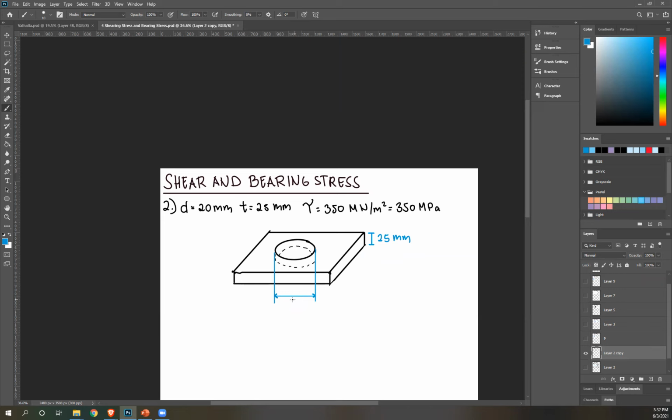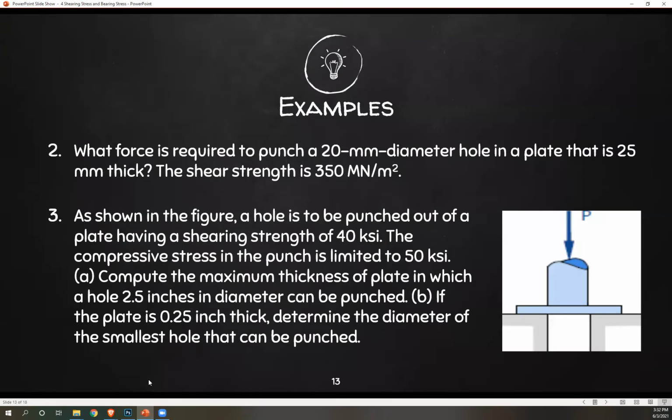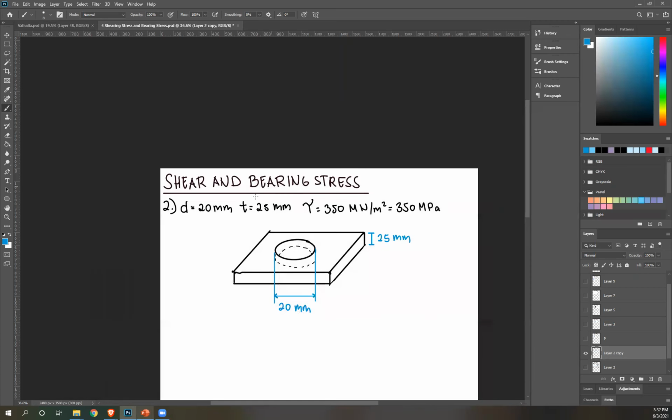My drawing's not up to scale. This is just to show you what's happening. Going back, again, we're looking for the force to create that hole, considering this is our limitation.